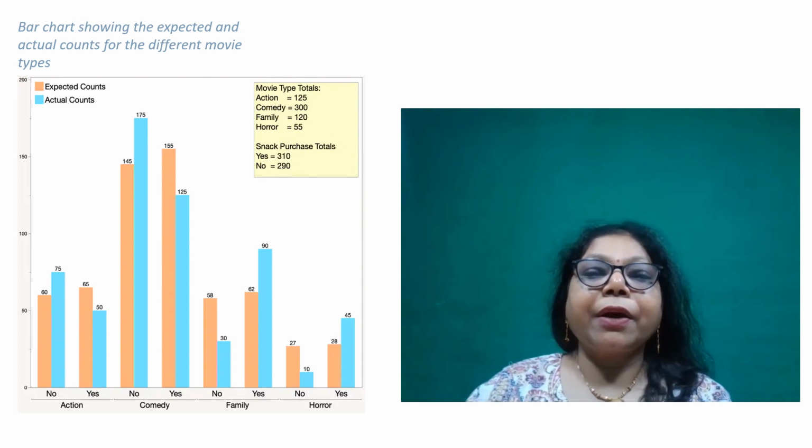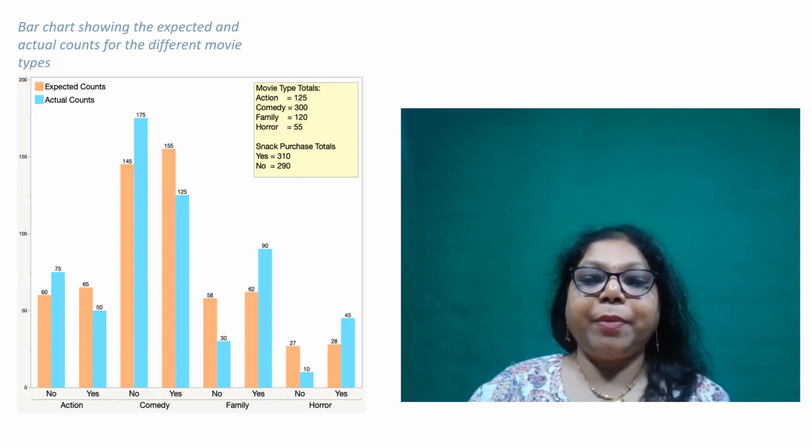If we look across all four of the movie types and whether or not people bought snacks, we can see that there is a fairly large difference between actual and expected counts for most combinations. The independence test checks to see if the actual data is close enough to the expected counts that would occur if two variables are independent.